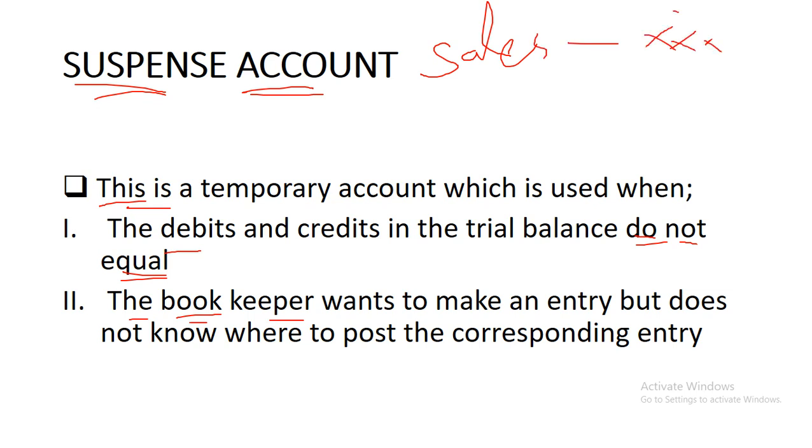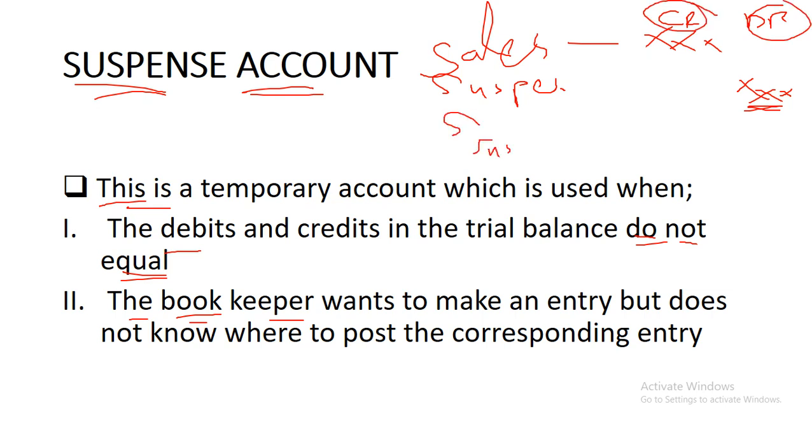So you credit the sales account, then you debit the suspense account, and then when you discover later where you want to post it, you know this is not the way it's supposed to be. It's supposed to be like this. So we made a sale, but this individual doesn't know how to post, so you credit the sales, then you debit the suspense account.